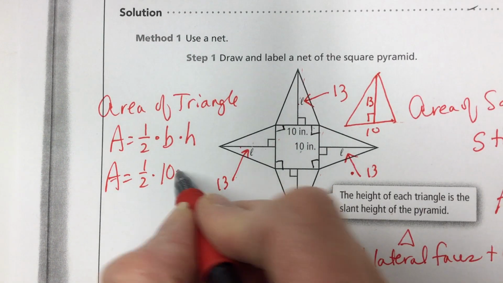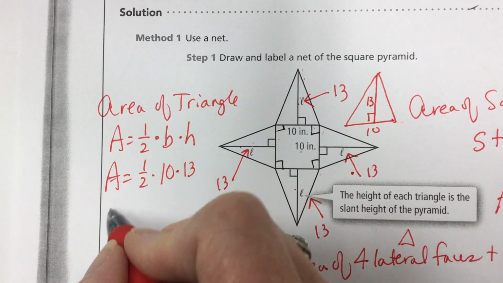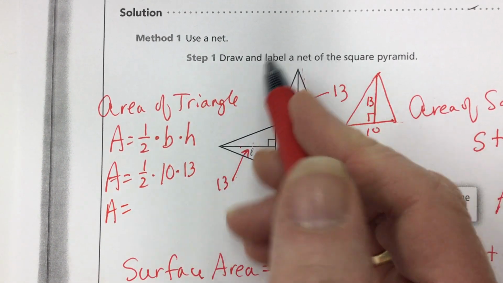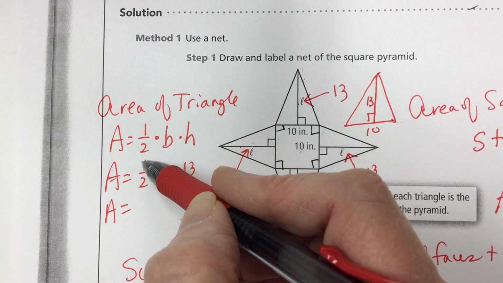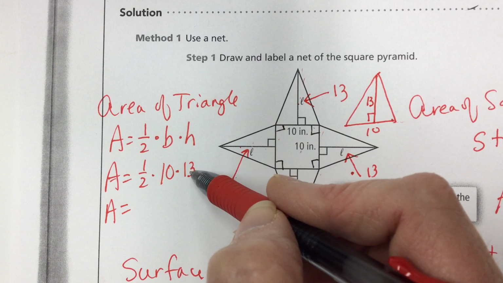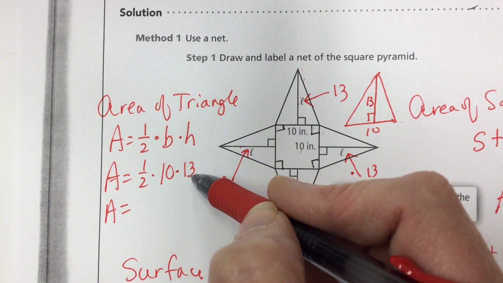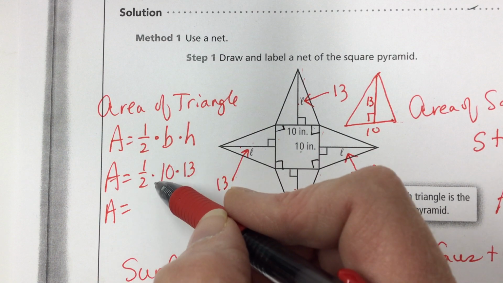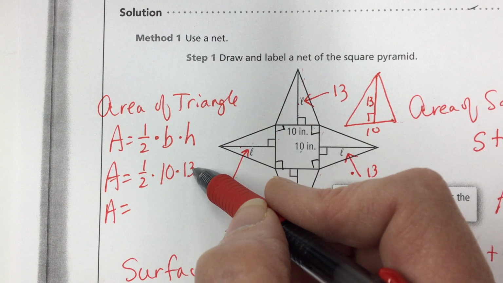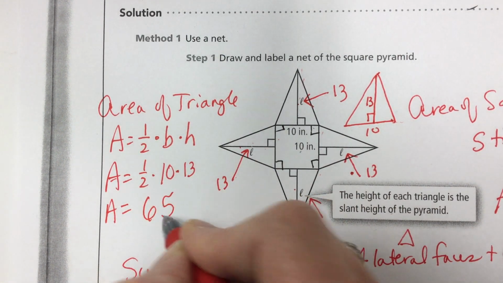So it's 10 times 13. You can punch in on your calculator 1/2 in parentheses times 10 times 13, and you would get 65.